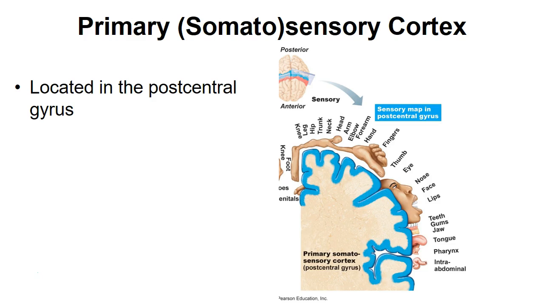The size of that region, for instance the hands, is reflective of how much sensory information we're getting from that region. So with hands we're getting quite a bit, compared to, say, the intra-abdominal region, or the knee. There's a lot more sensory information coming from our hands, texture, right?